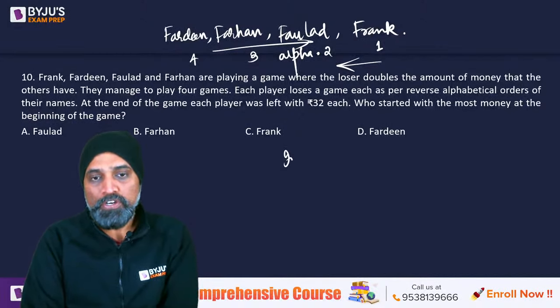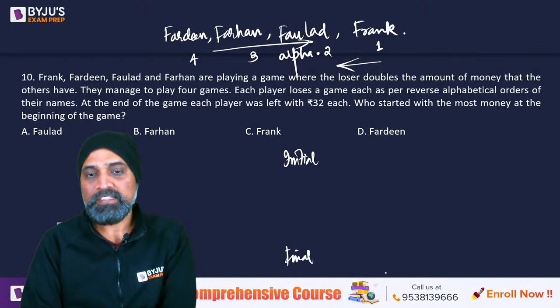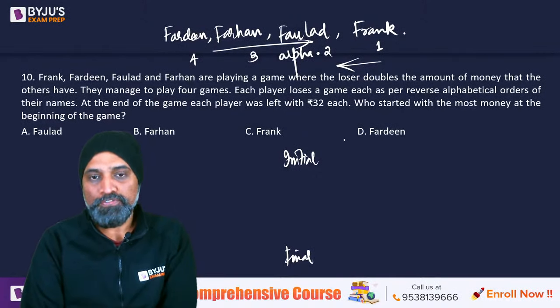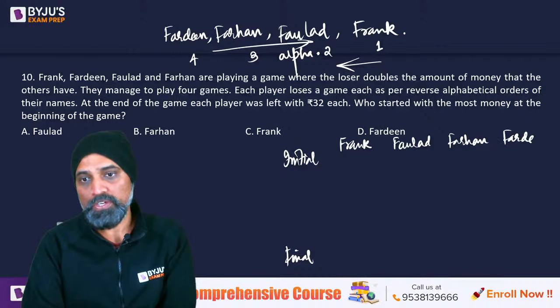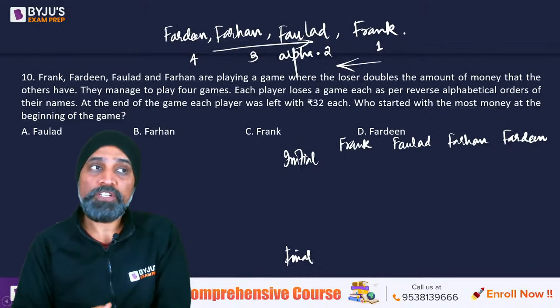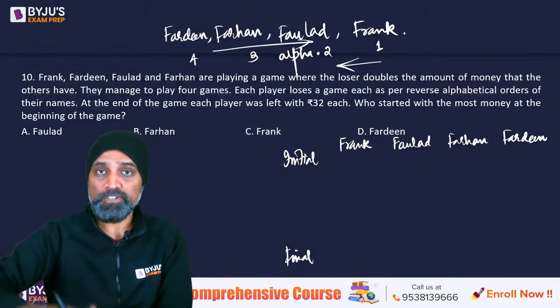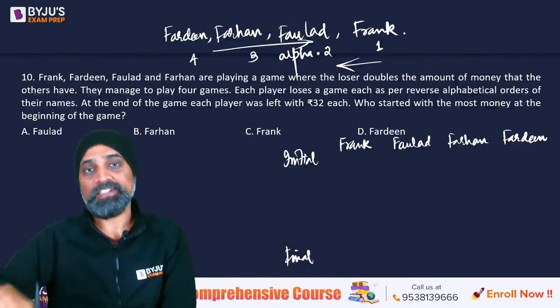So if we talk about initial and if we talk about final, initially Frank lost, and then Fawad is going to lose, and then Farhan is going to lose, and then Fardeen is going to lose. So this is a typical question which can be solved in the reverse order, as in lateral way.